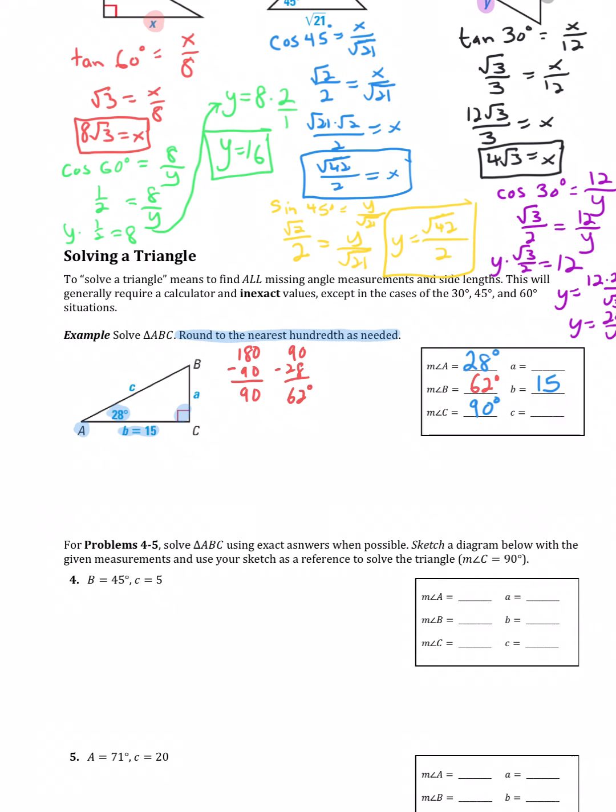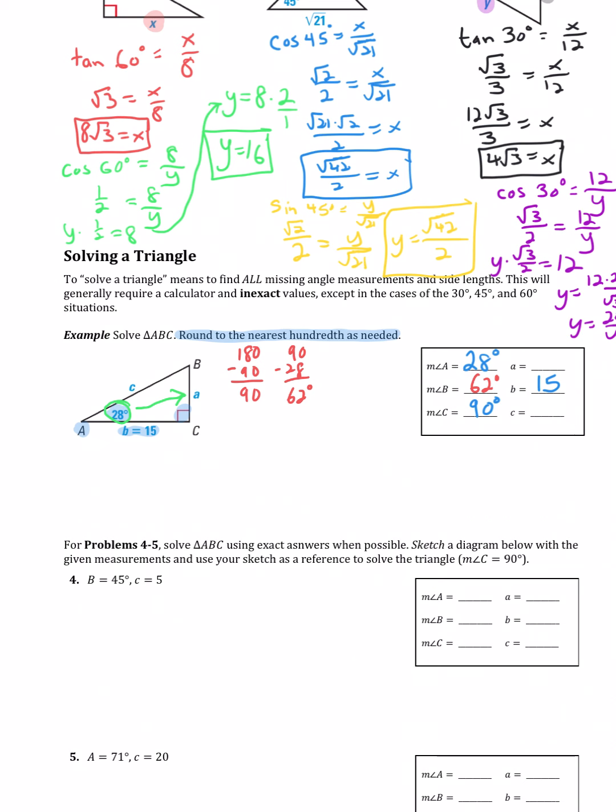Next, when I'm looking for a missing side length, I can use these trig functions again. Whenever I want to use the trig functions, I want to start with the number that was given to me. I think that's always a good safe bet, because if I mess something up in my calculations, using the number that was given gives me a smaller chance of messing up the next one.